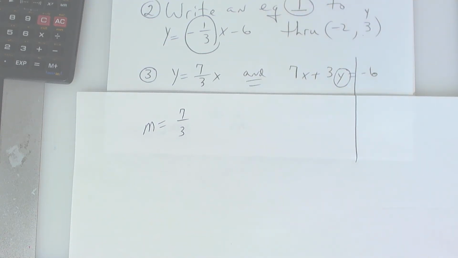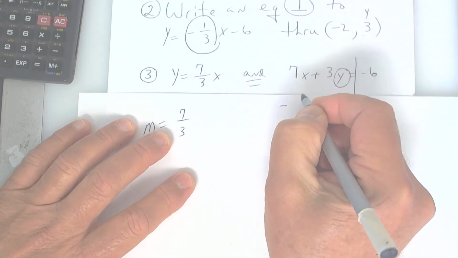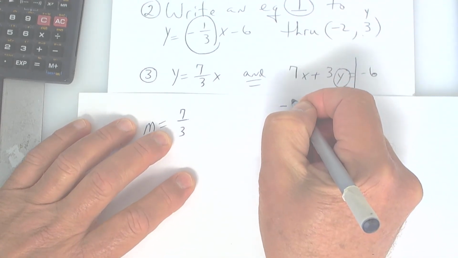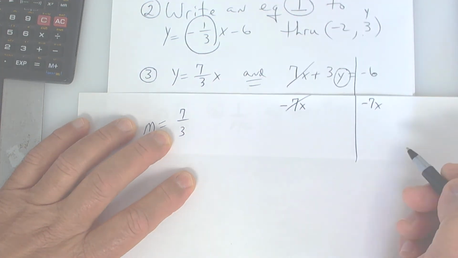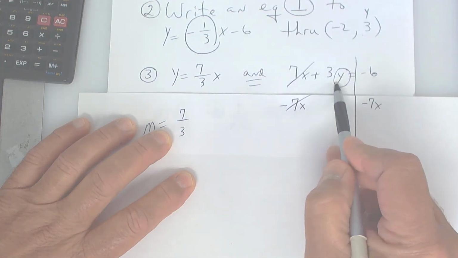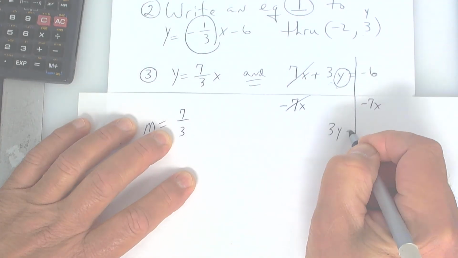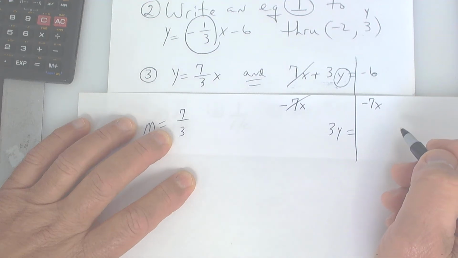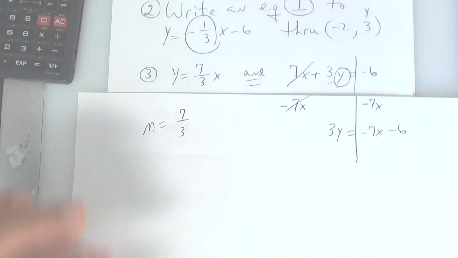All right, who can tell me how do I get y by itself? So I subtract not 7, but I subtract what? 7x. So tell me what to write now. Right here. What do I write? What's left? 3y equals negative 7x. Good. Copy that down.